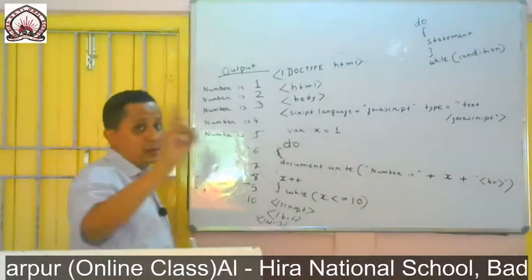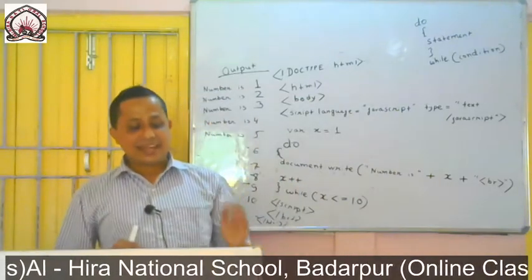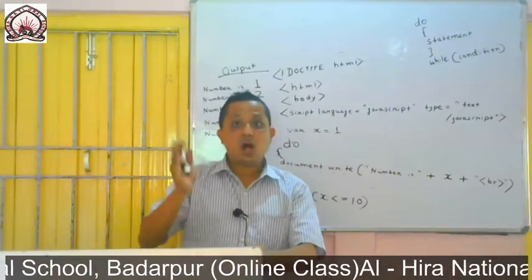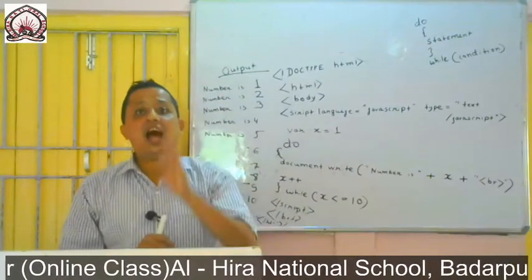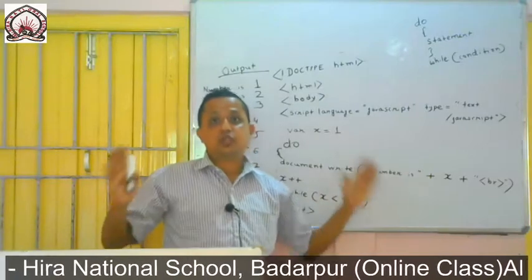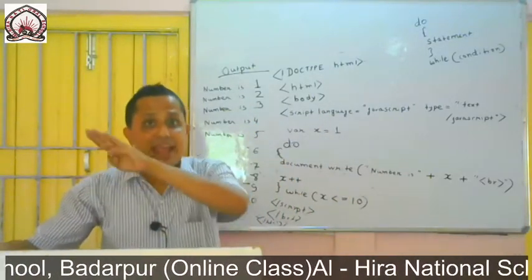And I told you, same in do while loop also, the statement will execute repeatedly as long as the condition is true. If the condition becomes false, the program will stop execution. The statement will not execute.